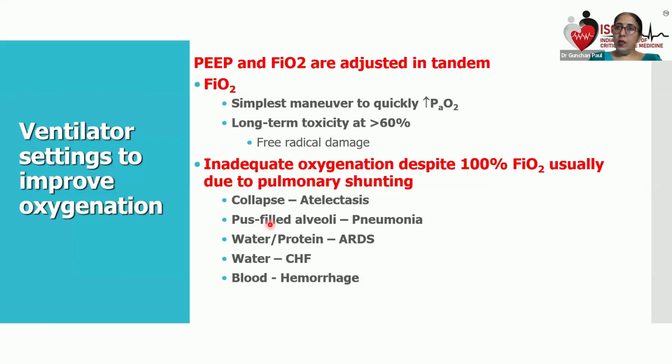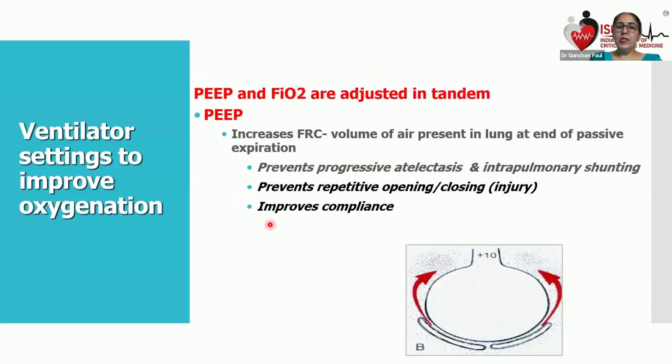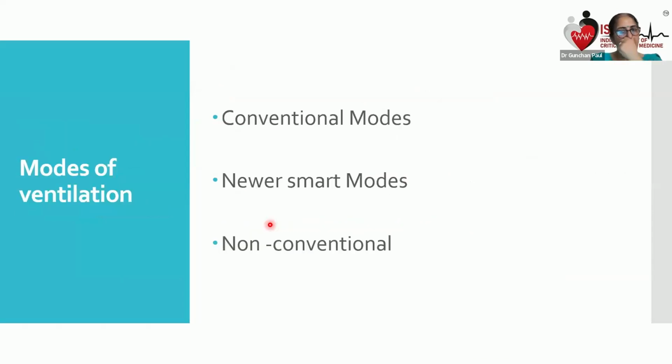So we want to give the oxygen which is in the blood. We will increase it by giving FiO2, and we'll open these collapsed alveoli by applying the PEEP. So they will keep the alveoli open and allow the gas exchange to occur even during expiration. They will prevent the repeated opening and closing. So these two things will help us in improving the oxygenation.